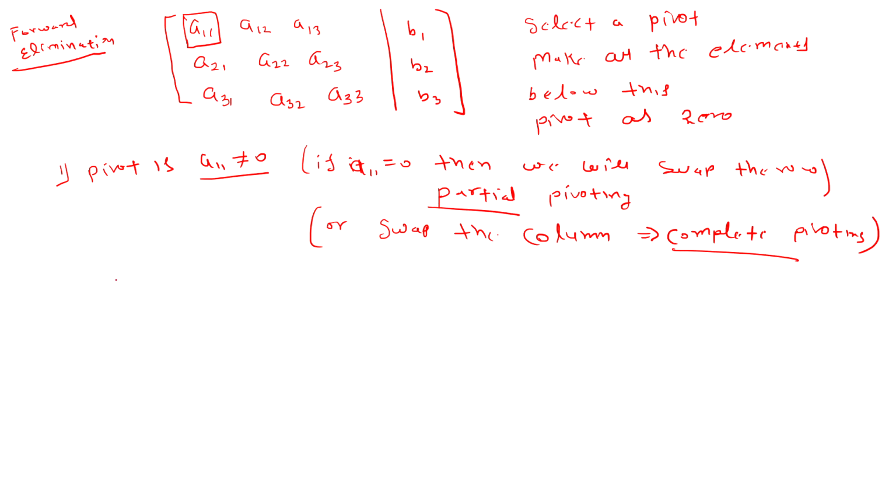So essentially we want to make A21 equal to A31 equal to 0. That is our target. So what row operations should we do?